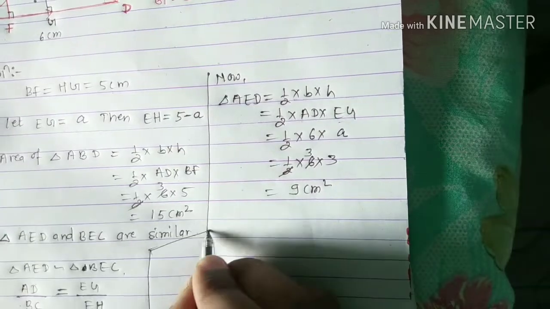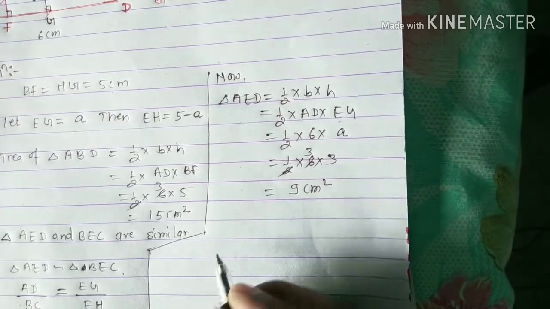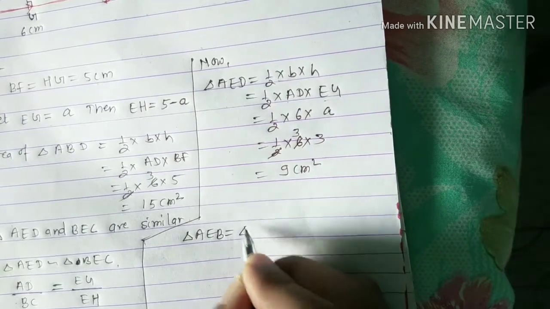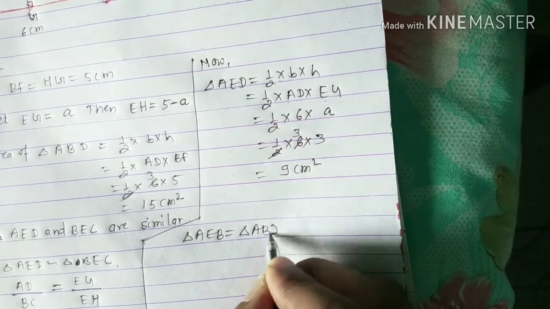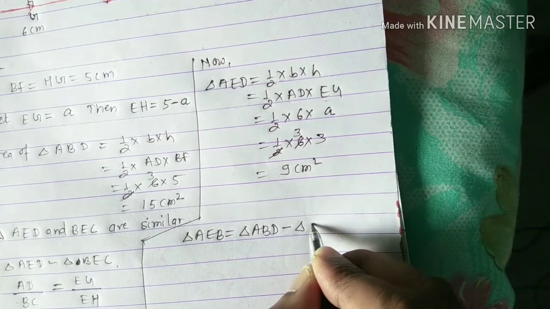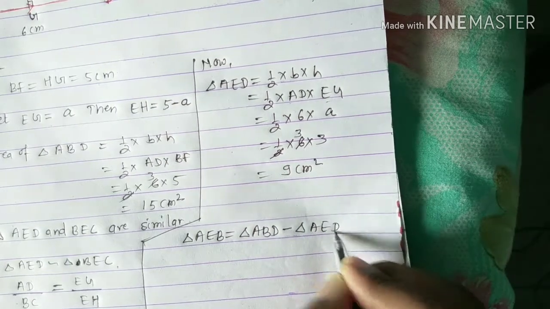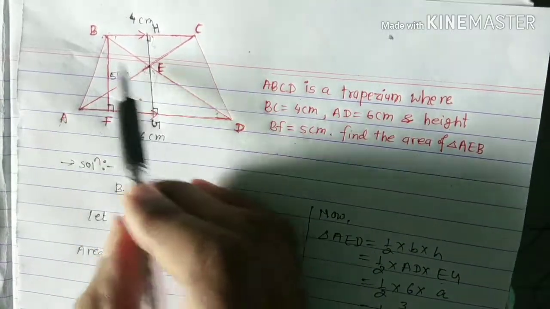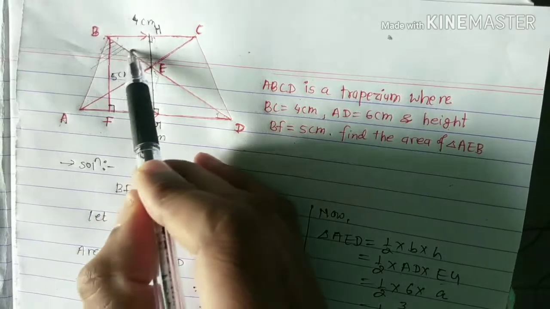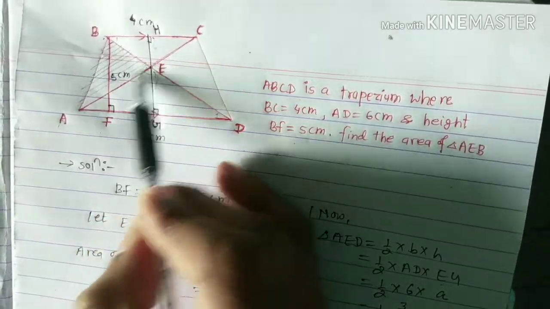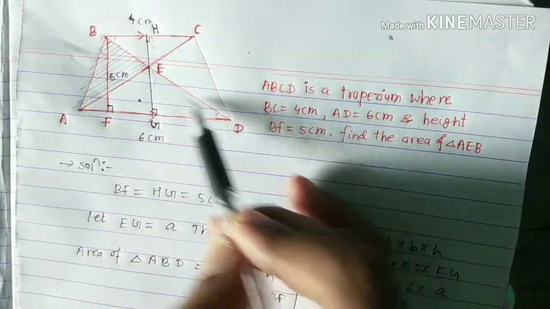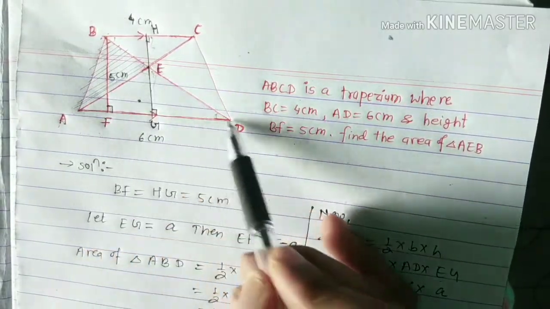Now we will try to find the area of triangle AEB. So the area of triangle AEB is equal to the area of triangle ABD minus the area of triangle AED. Look in the figure. The area of this triangle AEB is equal to this whole triangle minus this triangle.